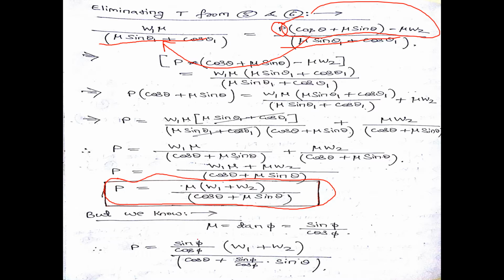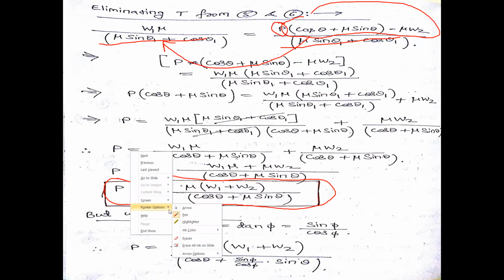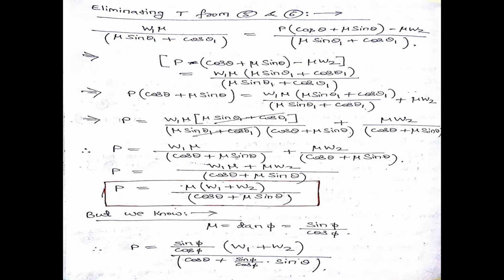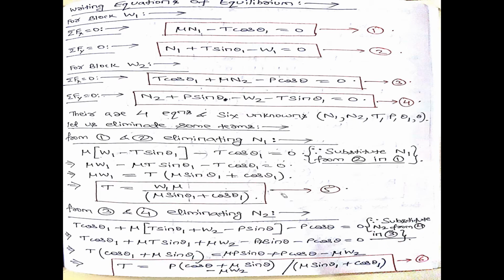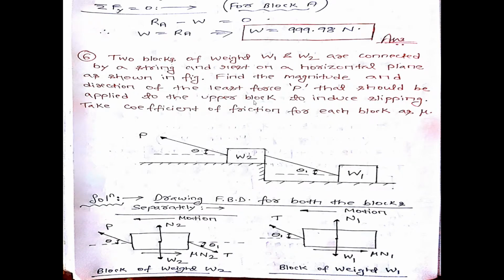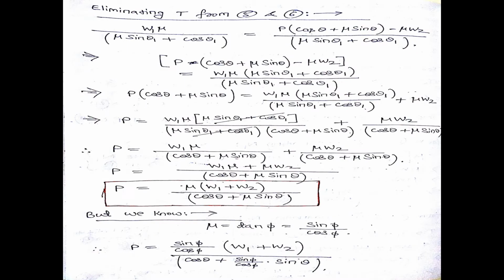Any doubt? No, sir, no doubt. Okay. So now what I need to find out is the least force P, that means the minimum value of force P. You can see that the expression of P is mu times (W1 plus W2) divided by (cos theta plus mu sin theta).